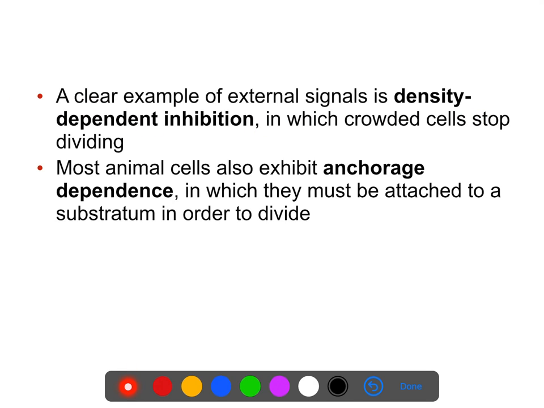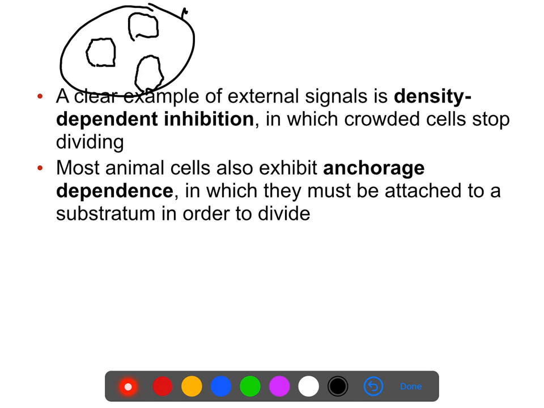With density-dependent inhibition, let's say we have an area, and we've got a few cells in it, but they're pretty spread out. They're not touching each other, okay? There's no inhibition here. These cells can grow if they receive the proper growth factor and they pass their cyclin checkpoint.